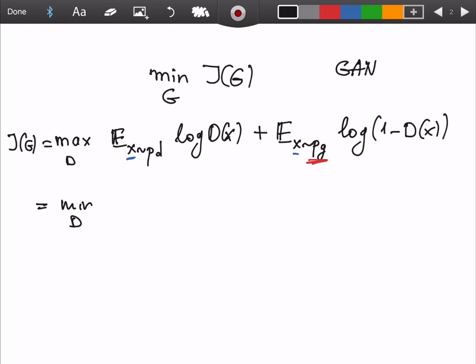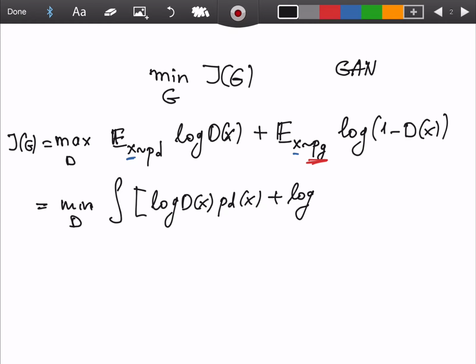Again, it's maximum over D of the integral of log d(x) pD(x) dx, where PD here is the density function, plus the integral of log 1 minus d(x) pG(x) dx.